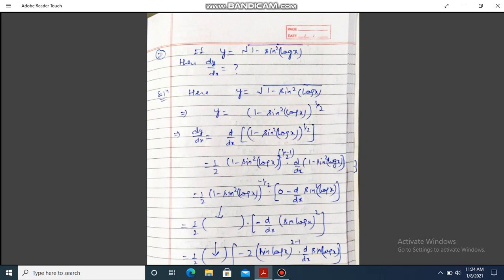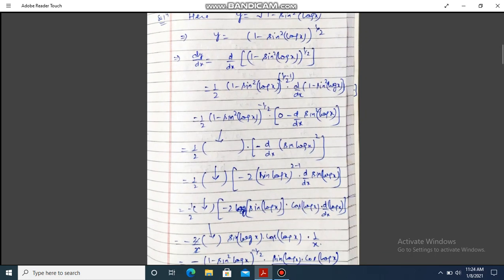We know that the differentiation of 1 is 0, and the differentiation of sine square log x will again be governed by differentiation of functions. Sine square log x means sine log x whole square. So again you will use the power formula in this case. So 2 will come out and the power will be reduced by 1.